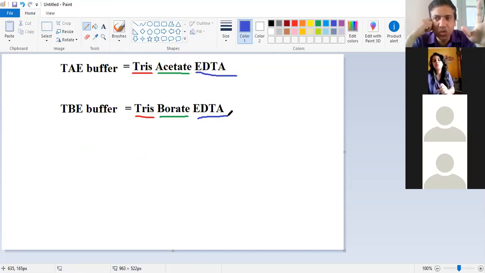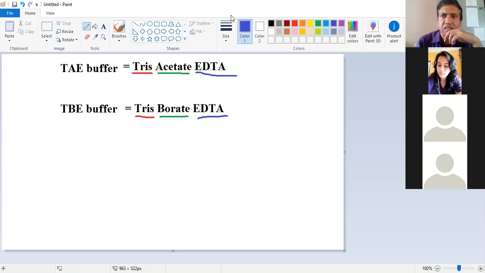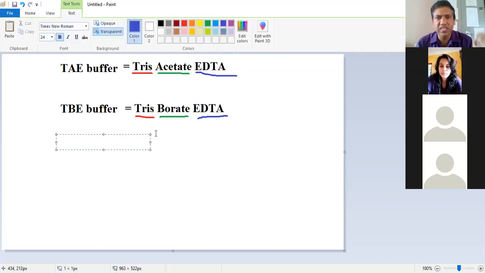Anticoagulant. Normally it is used as an anticoagulant. So how does EDTA prevent coagulation of the blood? What is EDTA actually?